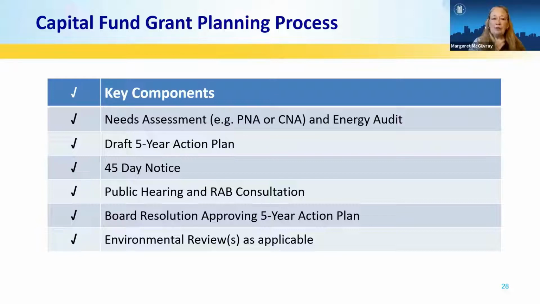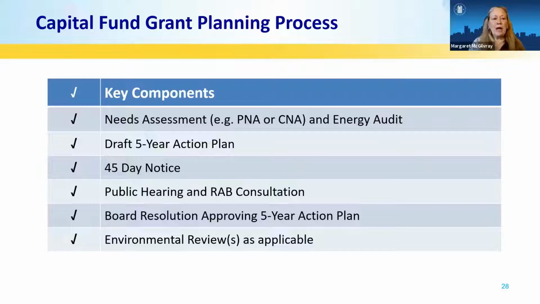However, you just need to make sure that at least once a year, the public and the RAB have reviewed your capital fund plan and had an opportunity to comment on it. If the PHA plans any capital fund work that requires environmental reviews, of which there are many, these may need to be considered and part of this planning process as well.